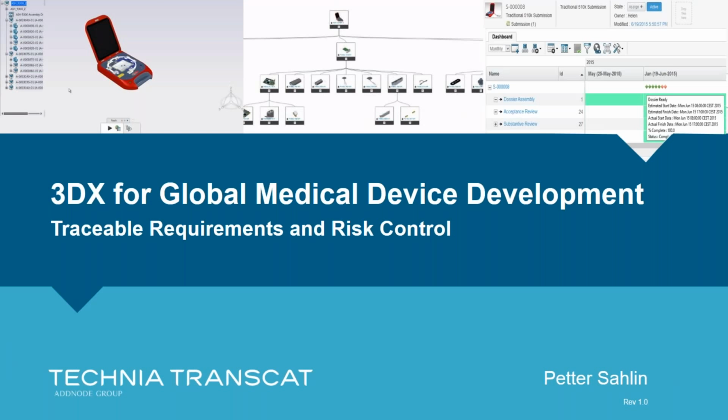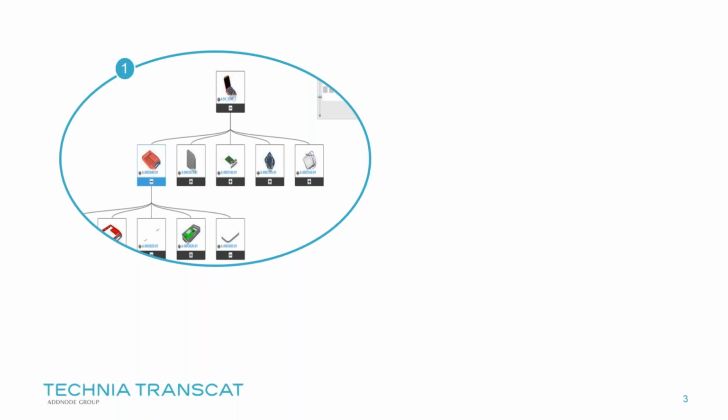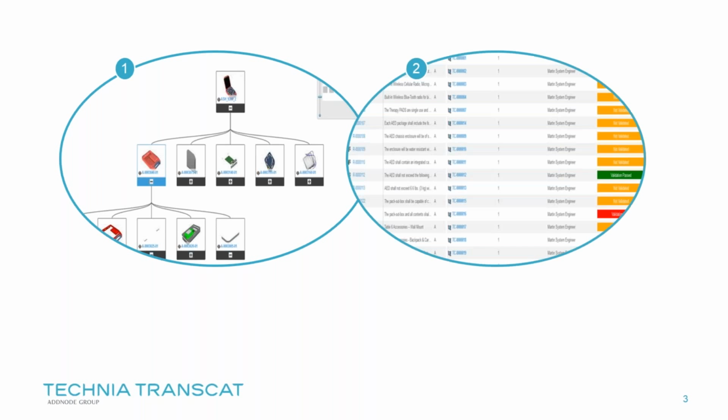Okay, so today's topic: traceable requirements and risk controls. And as mentioned, it makes sense to connect the requirements to our different product definitions. These are products, product families, product configurations, but also the top-level assemblies, to be able to determine which risk analysis and which requirement spec were used for a specific design.